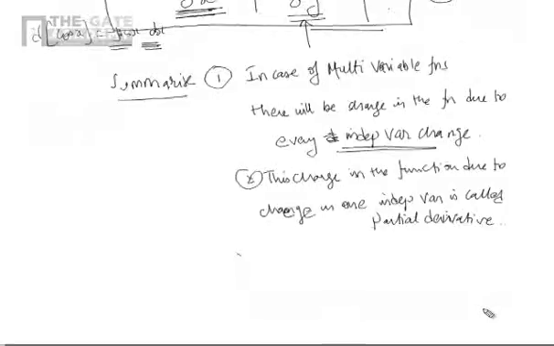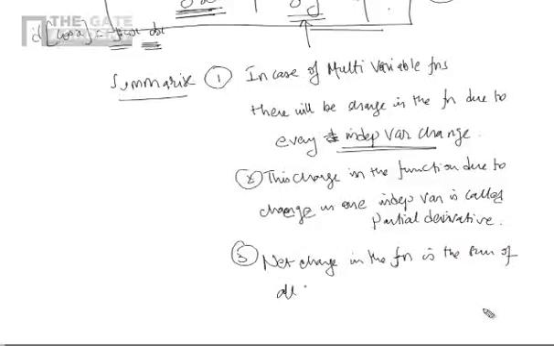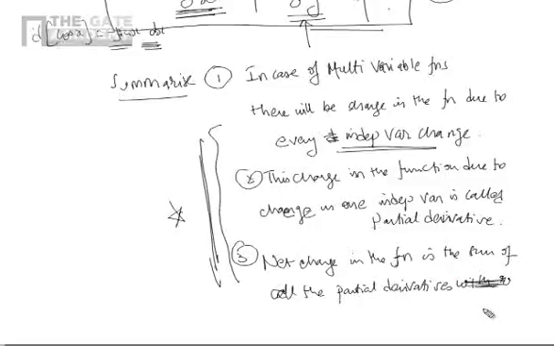And the third point is the net change in the function is the sum of all the partial derivatives. Okay, these are the concluding remarks we have. Please remember this. Take an example.